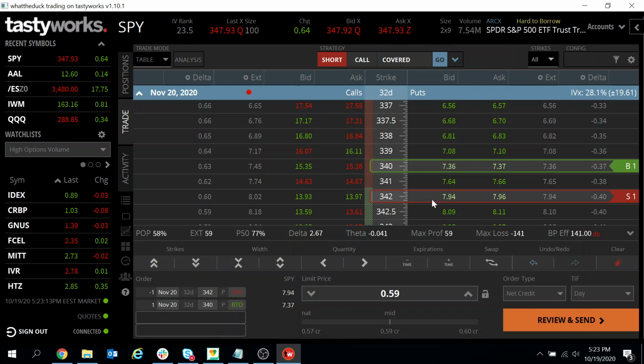So our spread is 342, 340. Our spread is $2 wide, and we stand to gain the difference between the sell price of the option we're selling and the price at which we're buying the put that limits our downside.